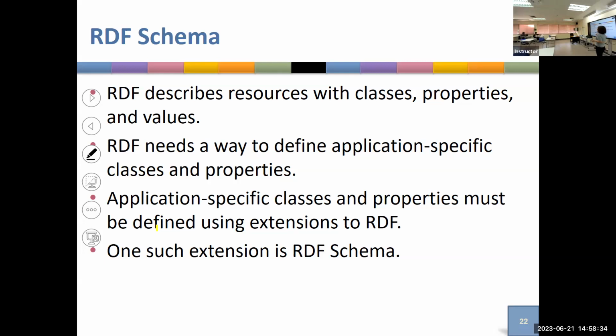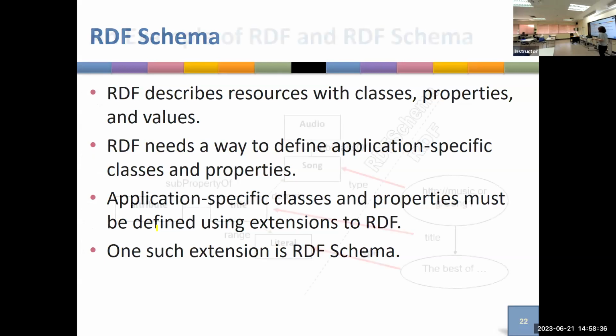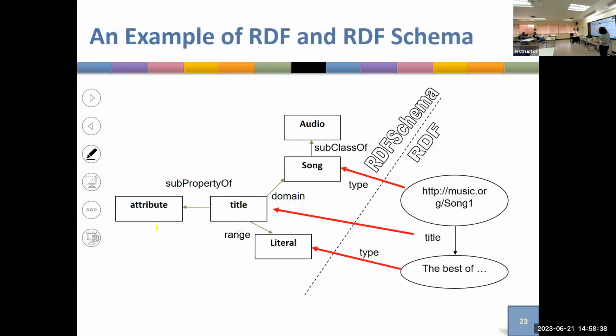RDF schema we already discussed. This is the schema side. Remember from your assignments 1 and 2, we have the RDF description side and the schema or vocabulary side. Don't forget that. You learned about defining class, defining property, subproperty, subclass, domain, and range, and so on. This is what we already learned.